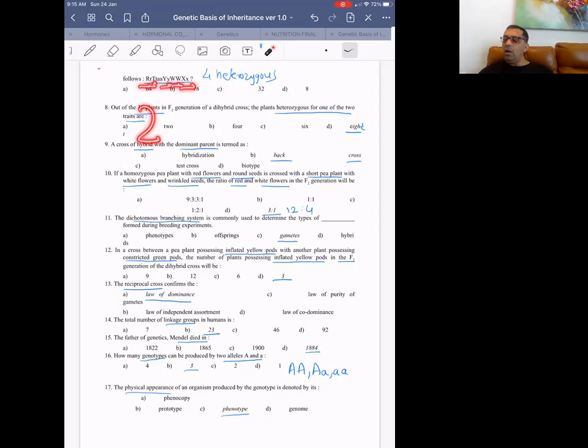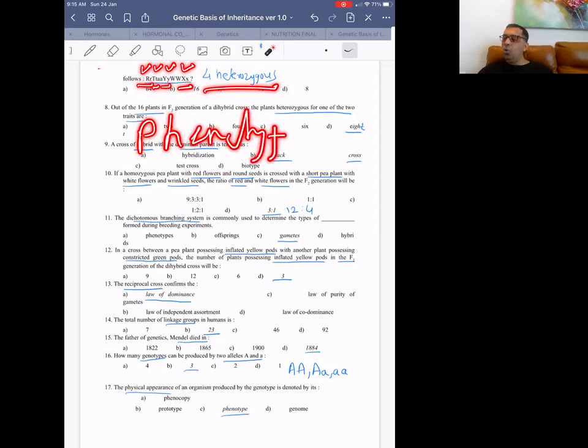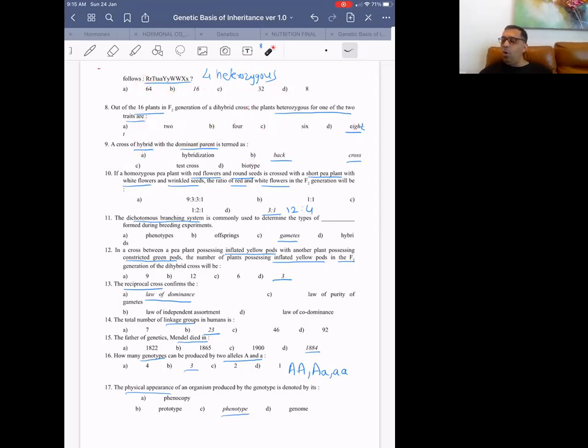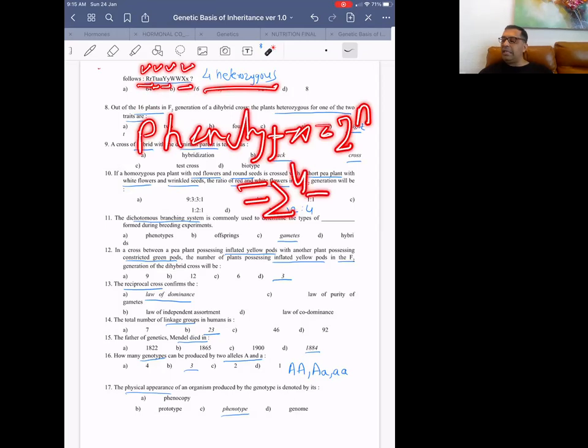So R, T, Y, and X, four of them are heterozygous. So number of phenotypes will become 2 raised to n, in other words 2 raised to 4, in other words 16 different types of phenotypes.